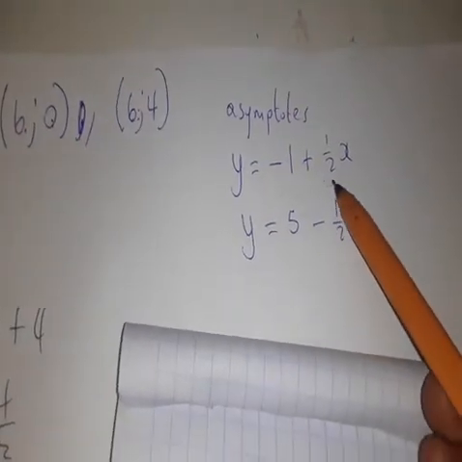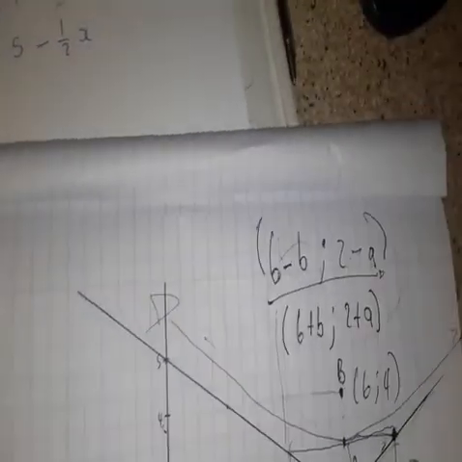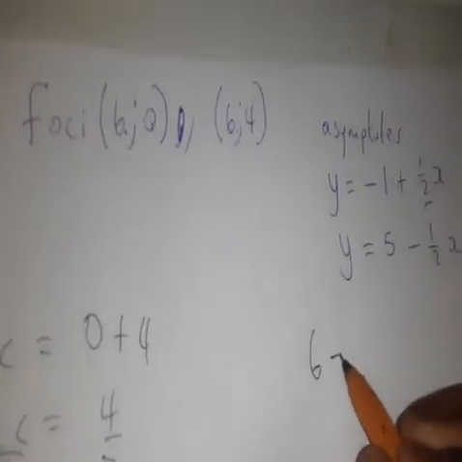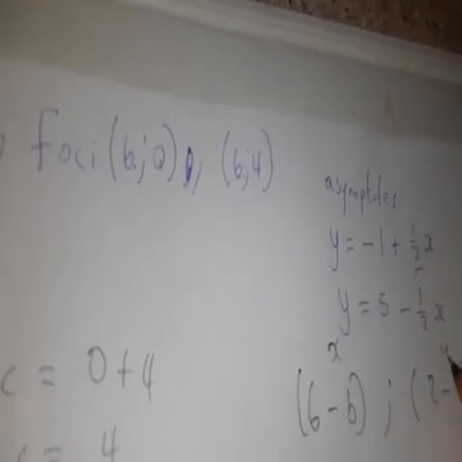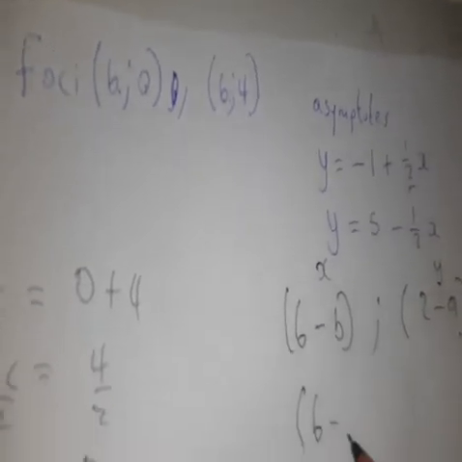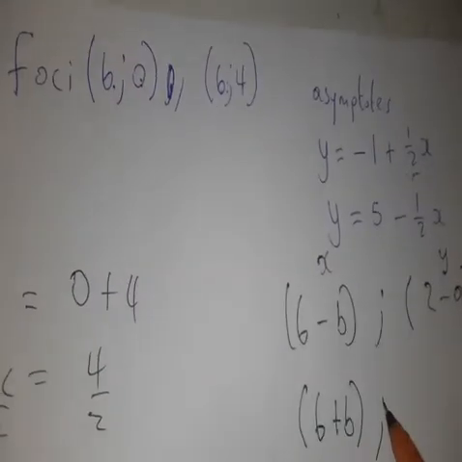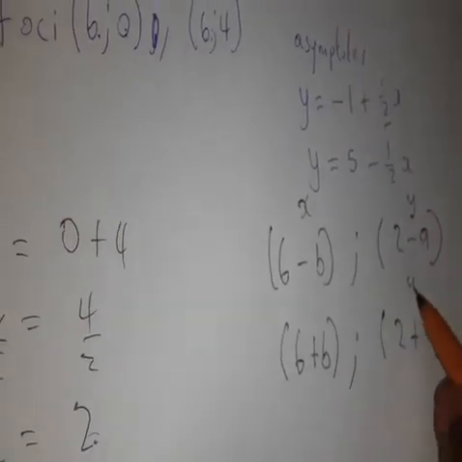But I have these points. Let me play around with them. The point I have is (6 minus b, 2 minus a), where 6 minus b is the x value and 2 minus a is the y value. And the other point is (6 plus b, 2 plus a).